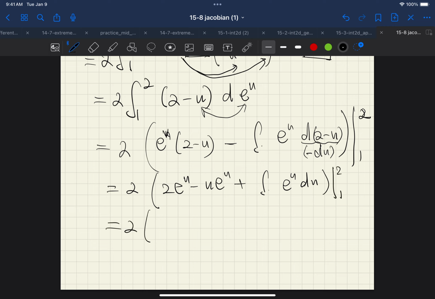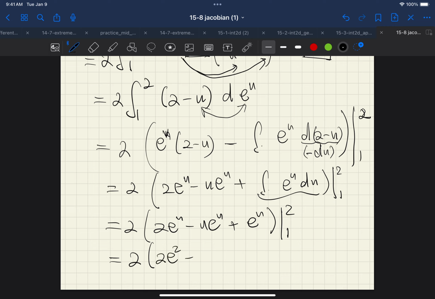And this is 2 e to the u minus e to the u, and the antiderivative is e to the u, from 1 to 2. And then for 2 it means 2 times e squared minus 2 times e squared plus e squared, minus 2 times e to the 1 minus e to the 1.